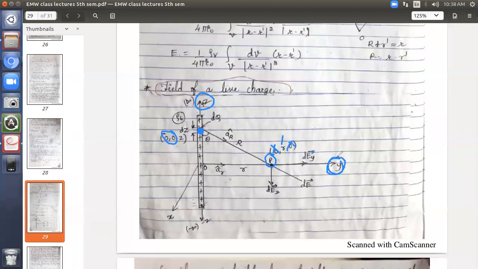On whichever coordinate line you place the point, only that one will exist, and the other two will vanish. So it is the y direction, so only y remains. I would have written y here, but since I have taken small r as the distance, I have taken small r. Similarly, if I want to write the point here, since it is in the z direction, the x and y components will be 0. And what is the total length? Z. Out of that z, I have to take the small z, dz. So this is your small z, indicating the length.